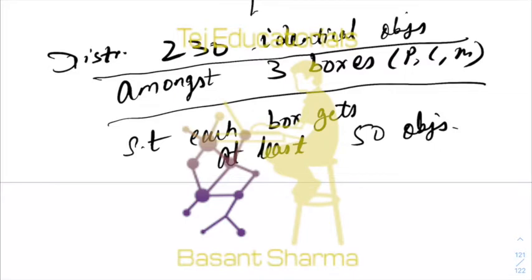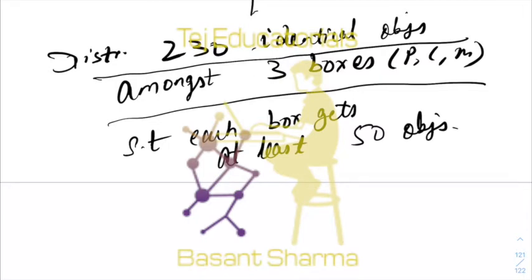If you remember, we had a formula like this: each box should get at least 1, so we distributed R objects amongst R persons, which was done in one way, and then the remaining objects we distributed amongst R persons in these many ways. We did this in a previous lecture. So instead of 1, now we have 50 objects. No problem, just satisfy the minimum condition. Give each box 50 objects.